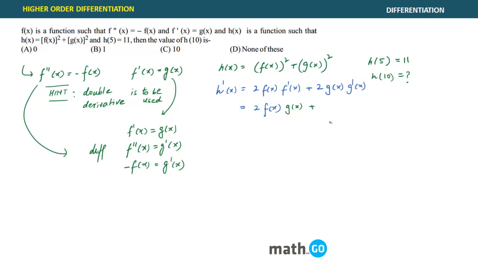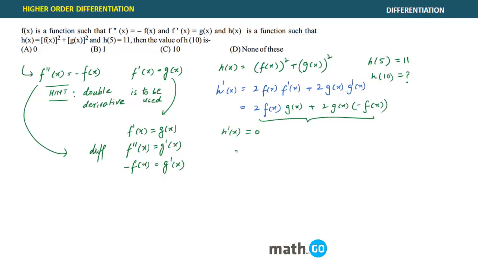Can you see this? So if I try and put it over here, this becomes 2g(x), and if I use this property of g'(x) over here, this becomes minus f(x). Can you see what is the combined value now? All of them will get cancelled out, so it comes out to be that h'(x) is 0.